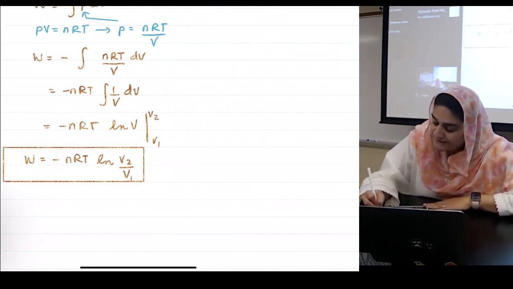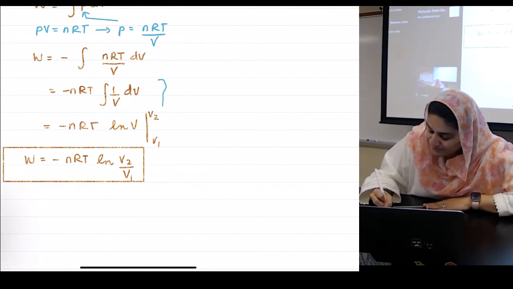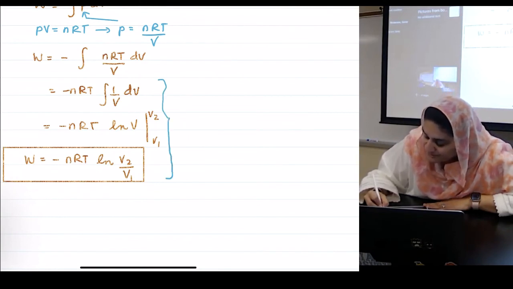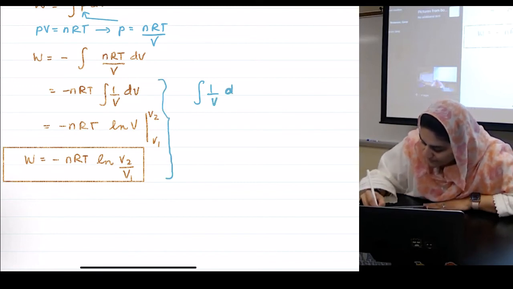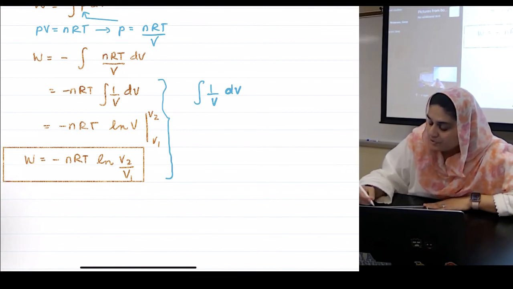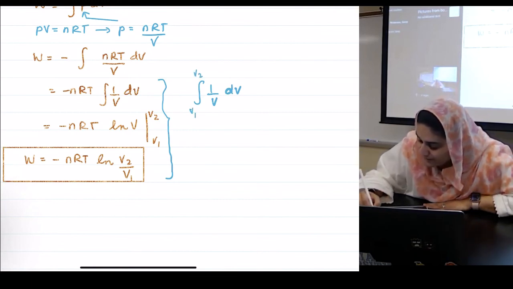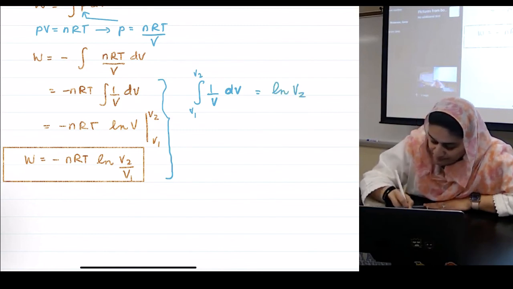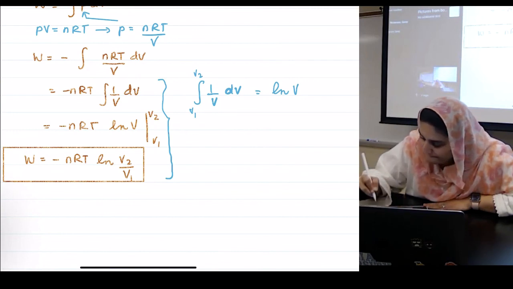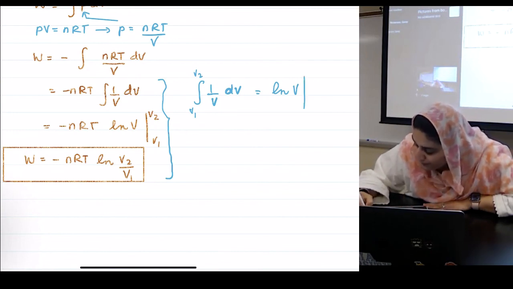Basically, what is happening between these steps is that we are integrating 1 over V dV, right? So the integration of 1 over V from V1 to V2 is natural log of V from V1 to V2.